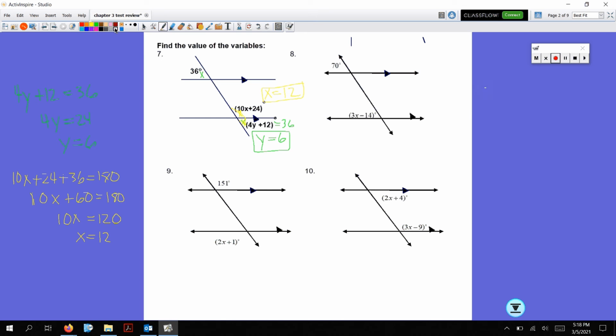So if we do my little work here, 3x minus 14 equals 70. 3x equals 84. x equals 28. I'll write that down here. x equals 28.